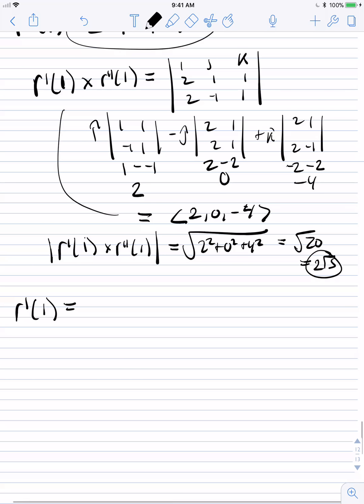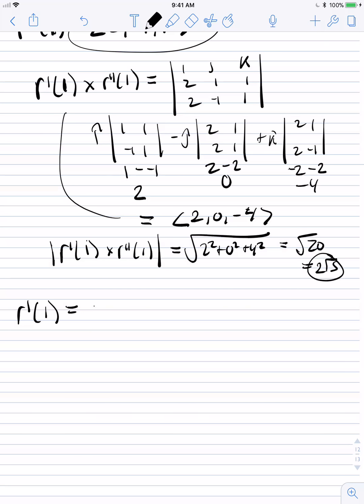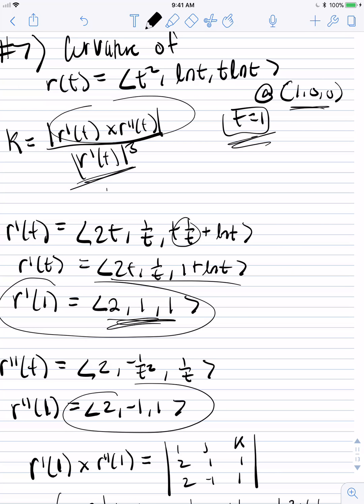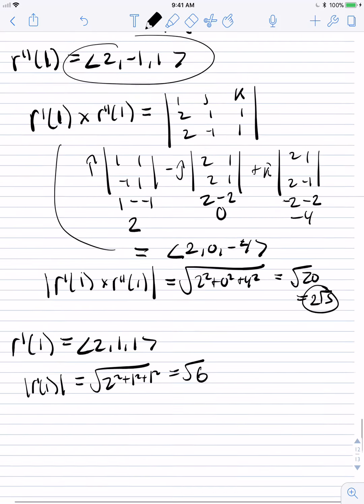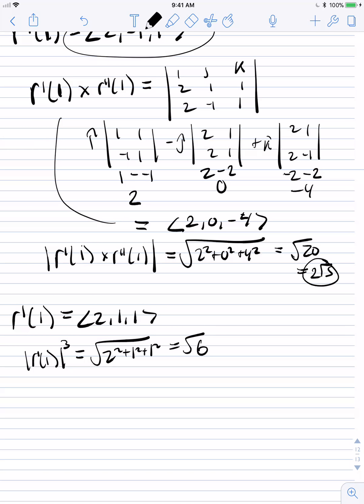So we know r prime of 1 is equal to 2, 1, 1. So the magnitude of r prime of 1 would be the square root of 2 squared plus 1 squared plus 1 squared, which equals root 6. But what do we want? We want it cubed right here. So we have to cube everything.